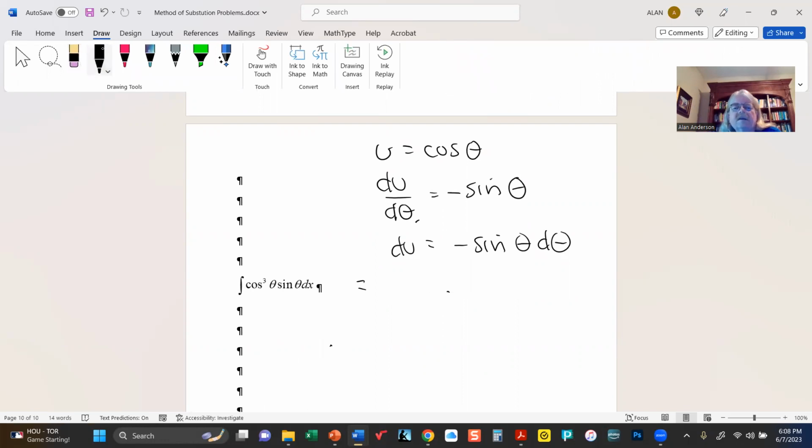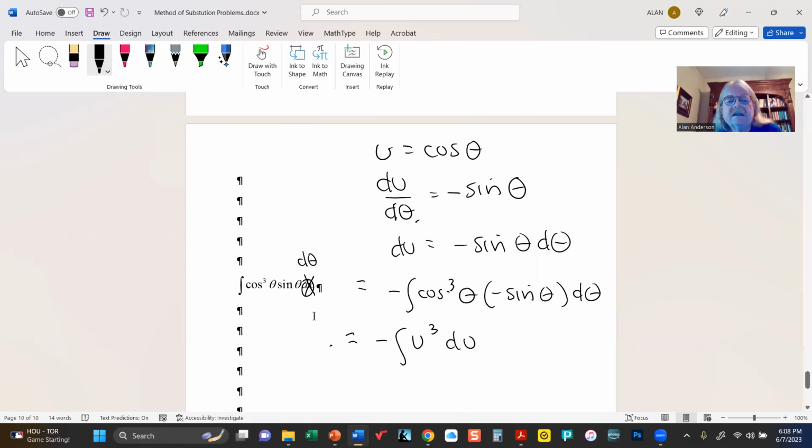All right, so we're going to rewrite this as negative integral cosine cubed theta, and then we'll call this negative sine theta d theta. Oh, yeah, I see that this should have been d theta. Sorry, I'll fix those. Anyway, so now what we actually have here is negative u cubed du.